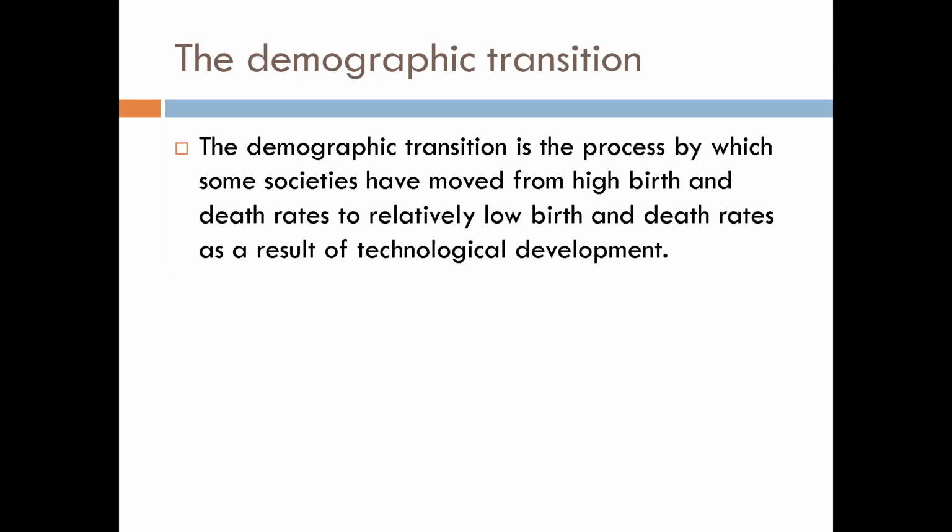It is a process by which some societies have moved from high birth and death rates to relatively low birth and death rates as a result of technological development, for example, better hygiene. It's very important, and you know that life expectancy has increased all around the world. Why?